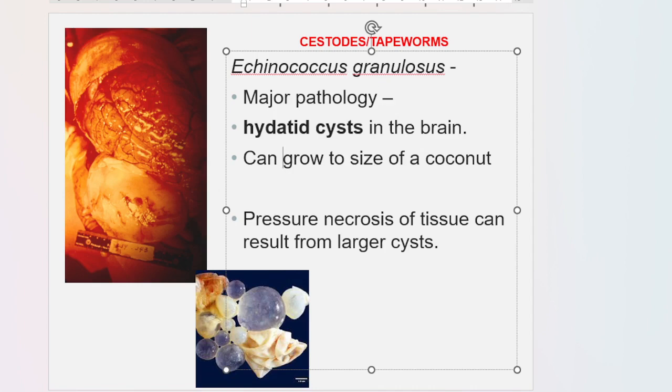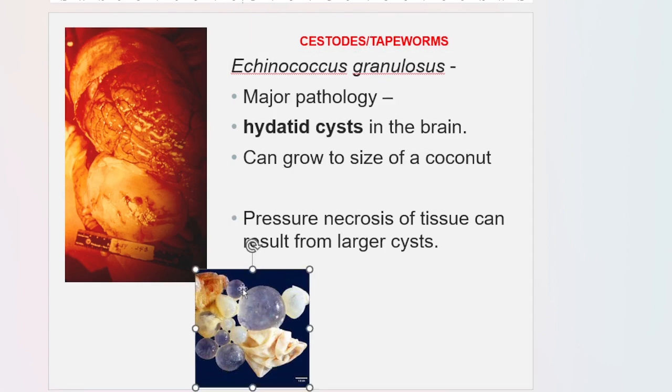So that can cause pressure already if the hydatid cyst is as large as that. That can cause pressure necrosis of tissue that can result from larger cysts. So as you can see here, parang siyang bola-bola na may tubig sa loob. So it can grow up to the size of the coconut.